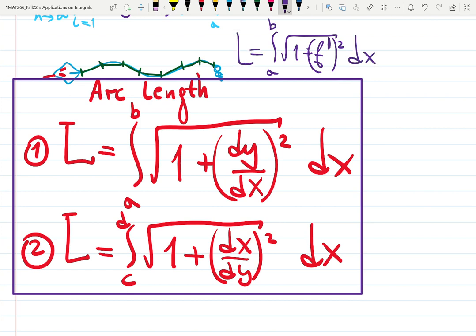So I remember just the general shape of it: 1 plus derivative squared. What kind of derivative depends on the dx or dy case. That's how I remember it.